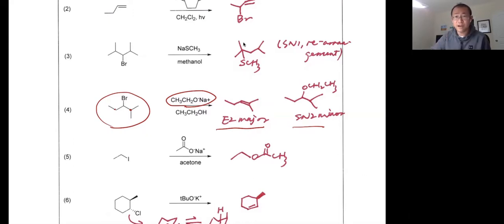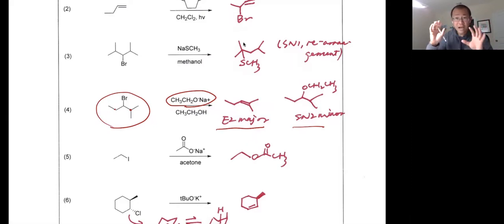If beta is branched, then E2 will be dominant because substitution is too crowded. We have a strong base and a strong nucleophile. Always remember that both SN2 and E2 are favored, but you have to look at the substrate.